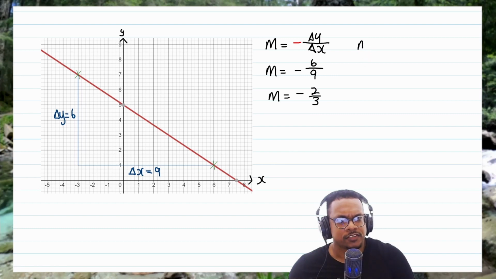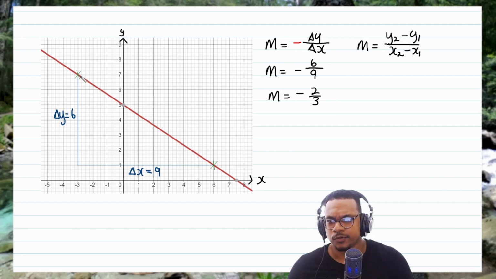Now let's look at the gradient using the formula m is equal to y2 take away y1 divided by x2 take away x1. So I'll write out the coordinates for these 2 points. The coordinate for this point would be negative 3 on the x and positive 7 on the y. So I have negative 3 and positive 7.